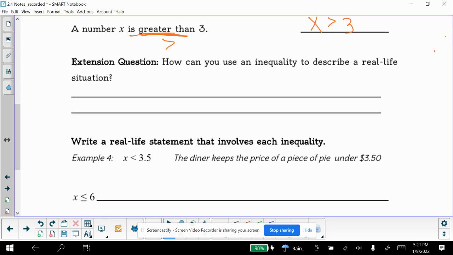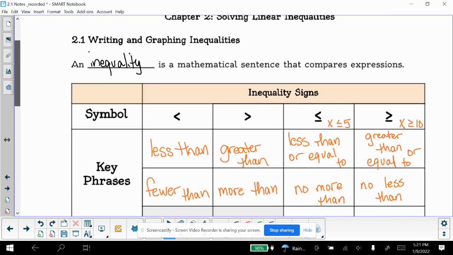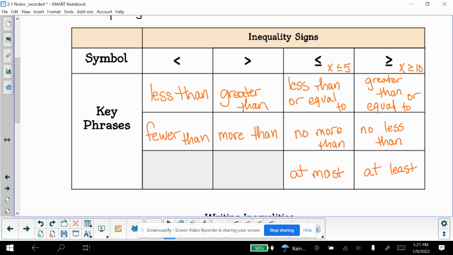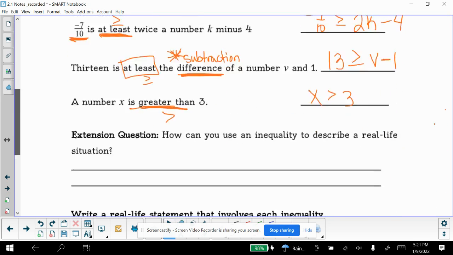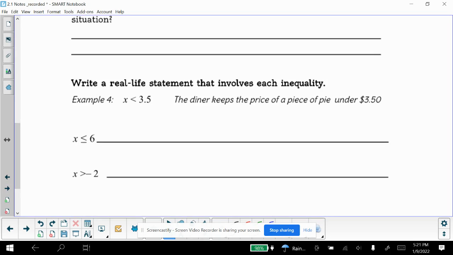All right, so here we are dealing with x is less than or equal to 6. And it might be helpful to go back to this table here and look again at what our phrases are for less than or equal to. So for less than or equal to, we can use just the phrase less than or equal to. We can say no more than, or we can say at most.